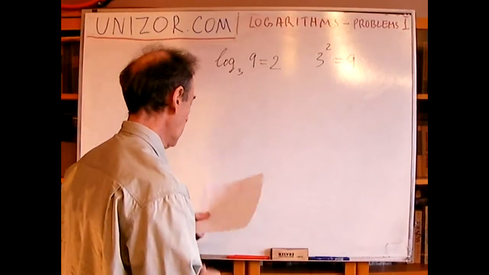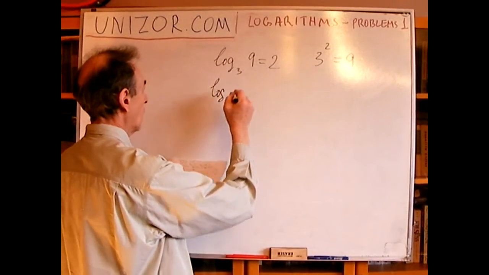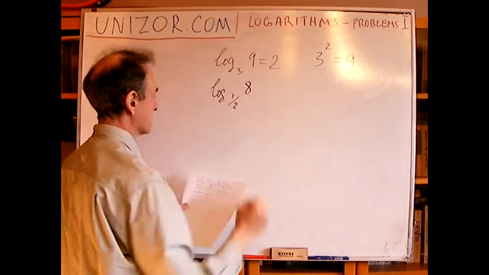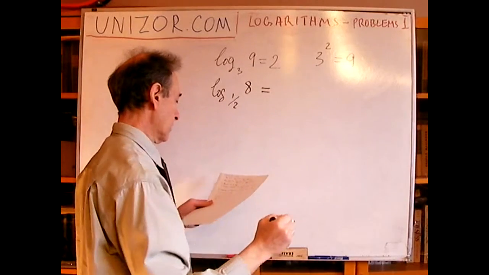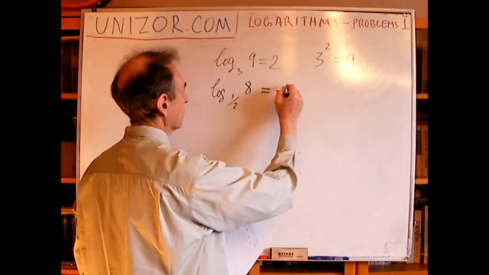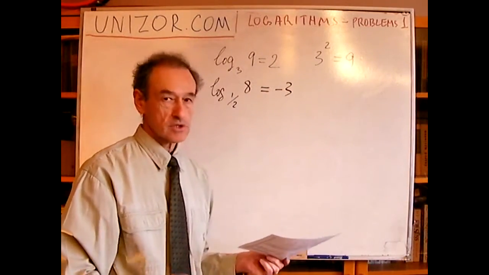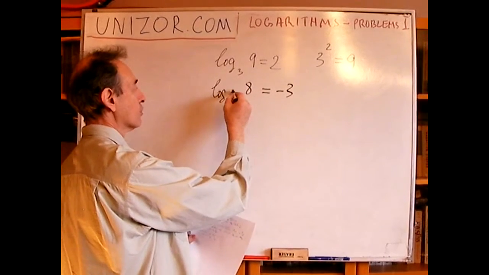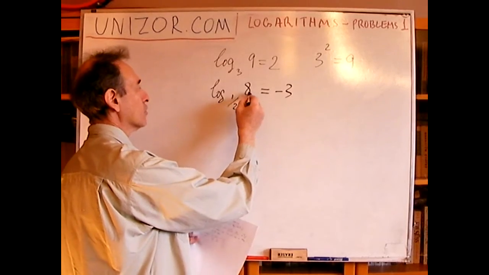Similarly, logarithm of 8 base 1/2. Now, this is minus 3. Why? Again, let's think about the definition of the logarithm. It's supposed to be the power I have to raise the base, which is 1/2, to get 8.